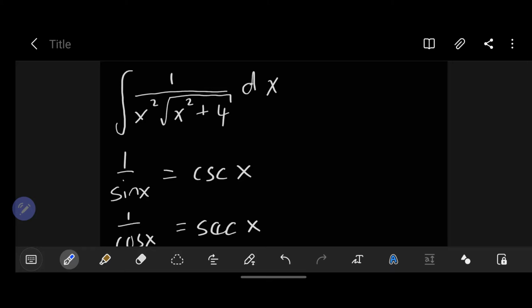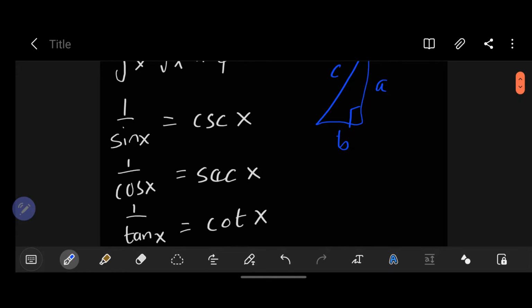Remember that if I have a right triangle, I have A, B, and C. So how can I find the value of C? The value of C is the square root of a squared plus b squared. So the hypotenuse will be the square root of a squared plus b squared. Notice that the hypotenuse is one side squared plus the other side squared.